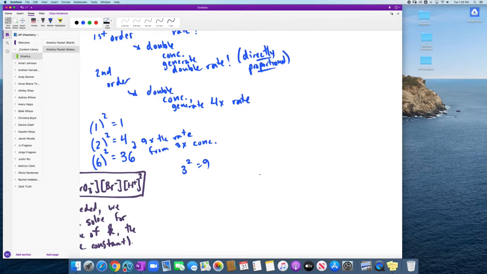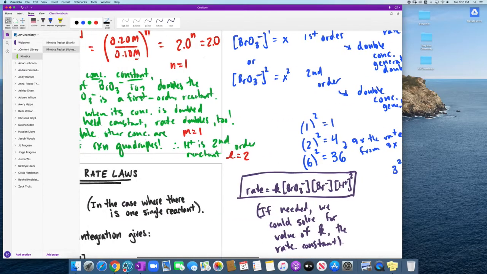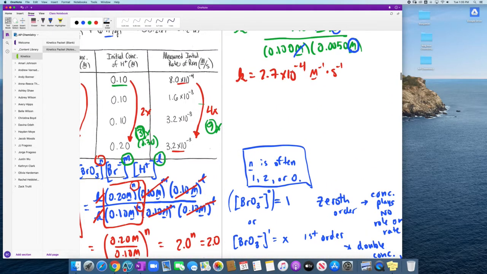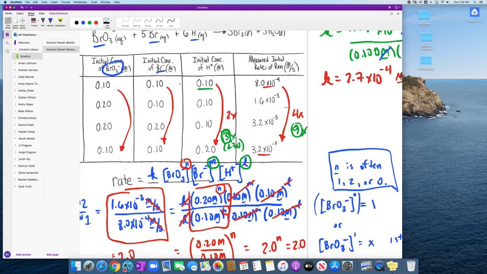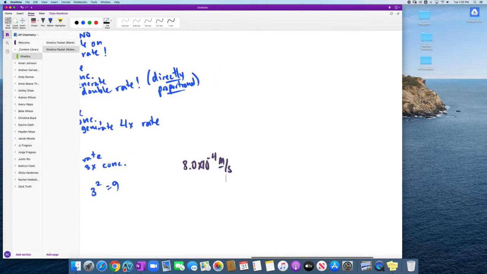Okay, so I'm going to plug into the first value. The rate in that first one was 8.0 times 10 to the negative 4 molarity per second. And everything was 0.1 molar.